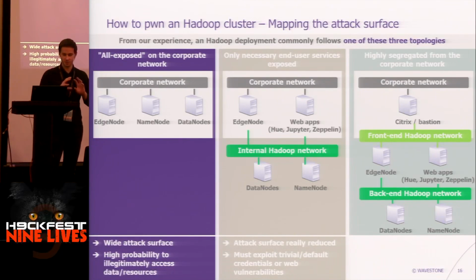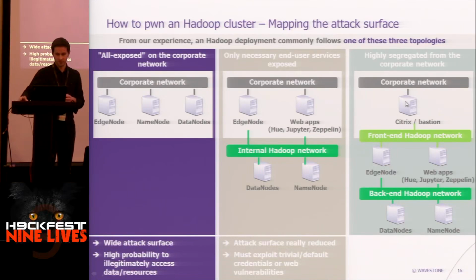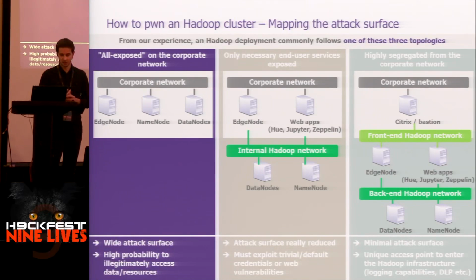You have to compromise first a real bastion, a Citrix, something where you only have a keyboard and a mouse, and then you have the internal stuff of Hadoop, so the EdgeNode, the web apps, and so on. But so you can understand that this topology gives you a minimal attack surface, so your scenario will have the least probability.